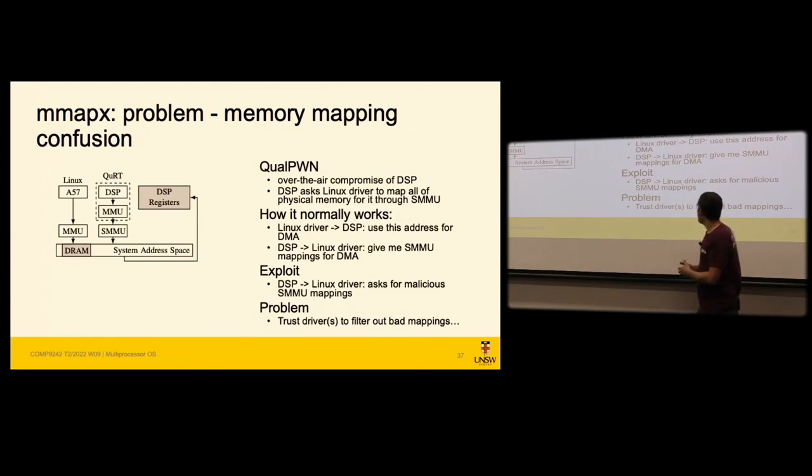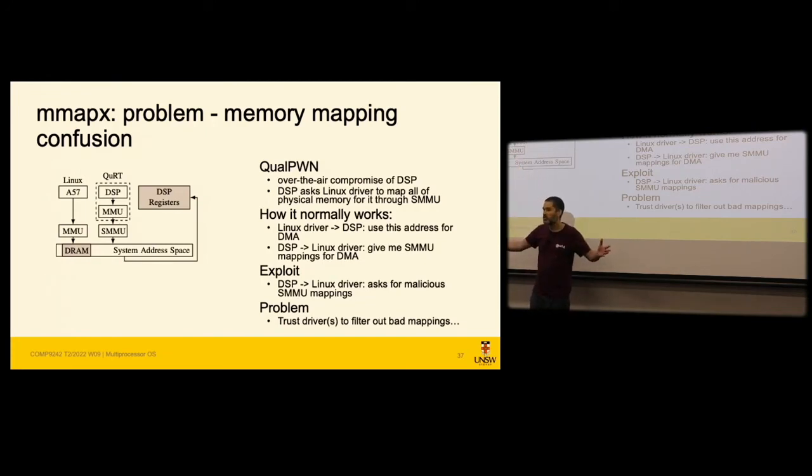And so the problem here is that the kernel doesn't have a holistic view of what the DSP should be allowed to access. It should definitely not be allowed to access the whole address space. But it trusts the driver to give it access, and to understand what it should and shouldn't be able to access.